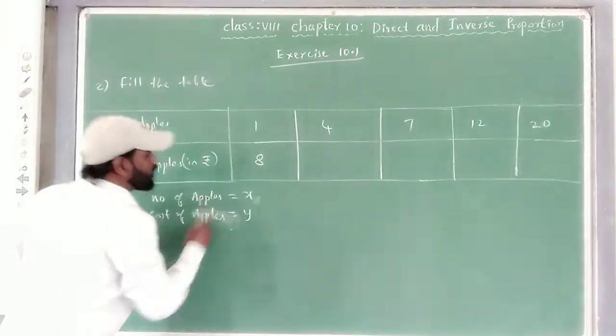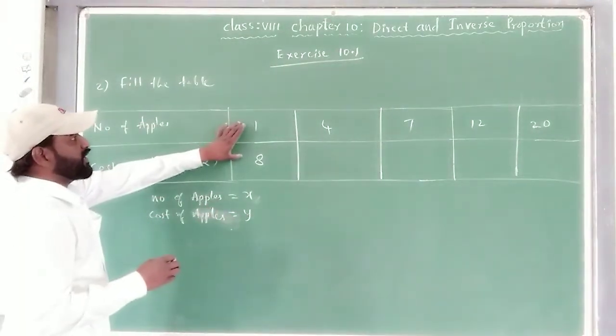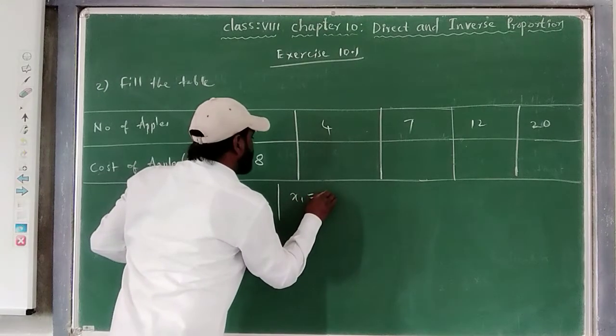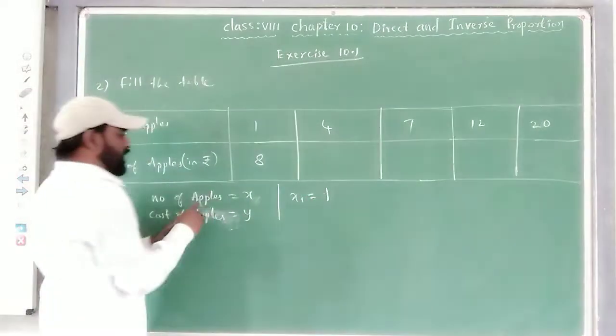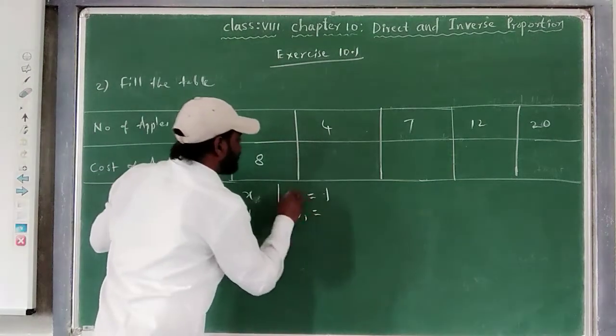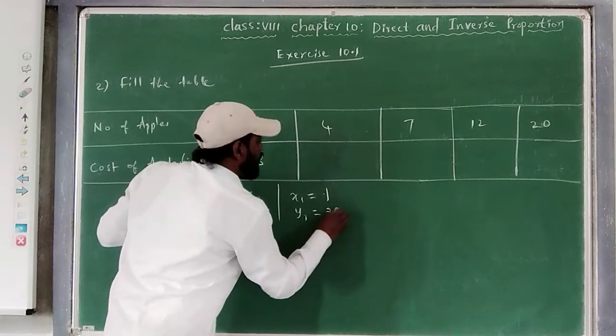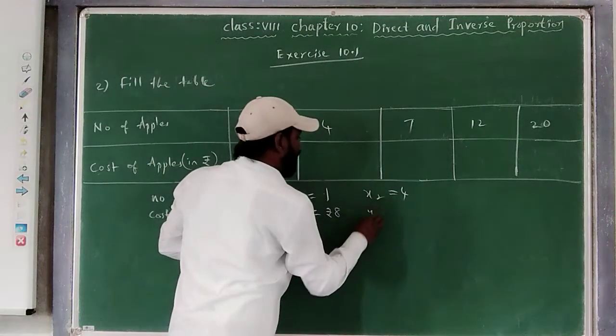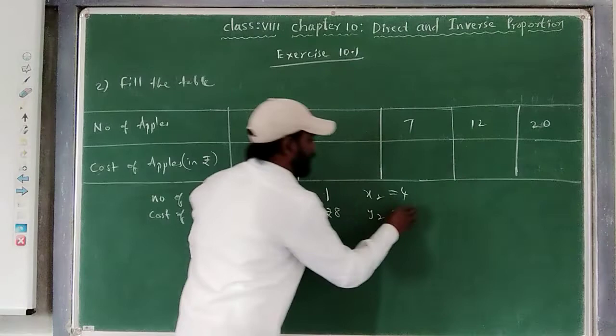As the first condition, x1 is equal to 1, that is number of apples 1. Next, y1, the cost of one apple, is 8 rupees. x2, what is that? Number of apples, 4. y2, cost of these 4 apples, how much?